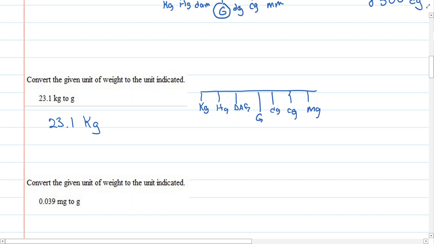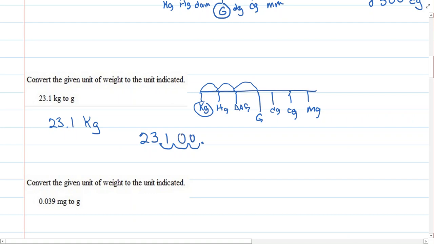All right. So we're starting here, and we want to go to grams. So we're going to the right 1, 2, 3 places. So that means I take the number and move the decimal in the same direction, 1, 2, 3.